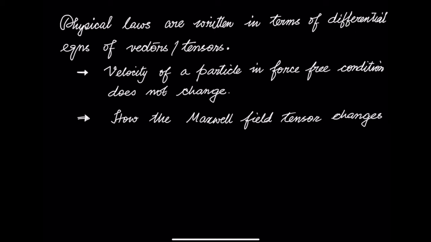If I want to calculate the force on a particle along a trajectory, I need to know how the Maxwell field tensor is at different points in the trajectory. So in physics, we ask this question. So it is important for us, for a general manifold, to define these changes, and that's what we have done in terms of covariant derivatives.